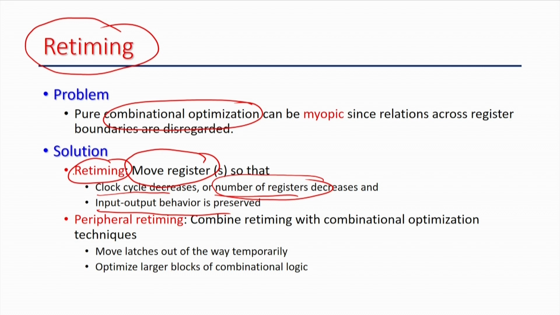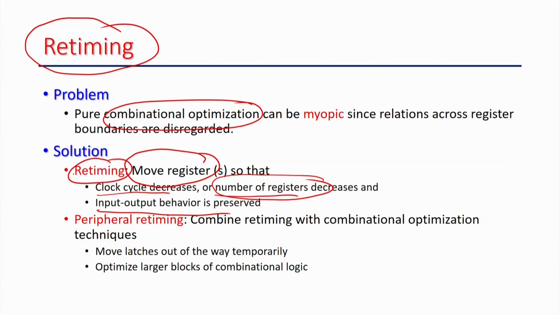And we have to make sure that the input-output behavior is preserved, meaning the functionality of the circuit does not change because of this optimization. This is what is called retiming. In general, we are moving the registers in the circuit to improve the timing or reduce the number of registers in your design.